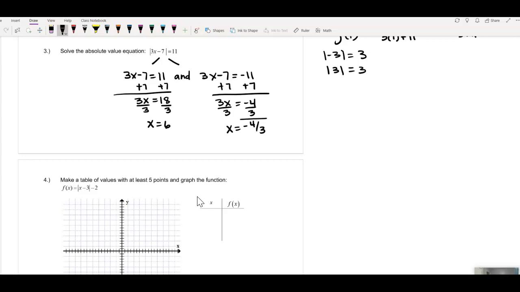And so with absolute values, right, you're going to come up with two different solutions, because both of these solutions will make that true. Right? Just like talked about over here, the absolute value of negative 3 is 3, absolute value of 3 is also 3. Right? So there's two solutions there. Okay.